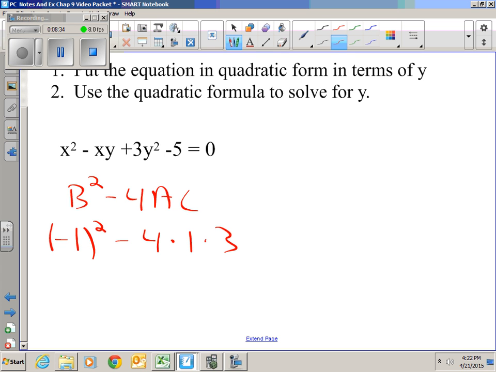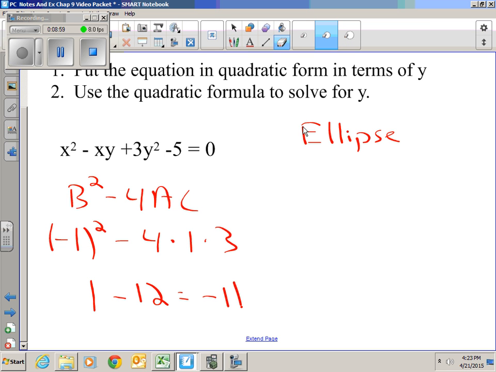This now becomes 1 minus 12, which equals negative 11, which now we know that this is an ellipse because it is negative. So I know that this is an ellipse because the discriminant was negative.